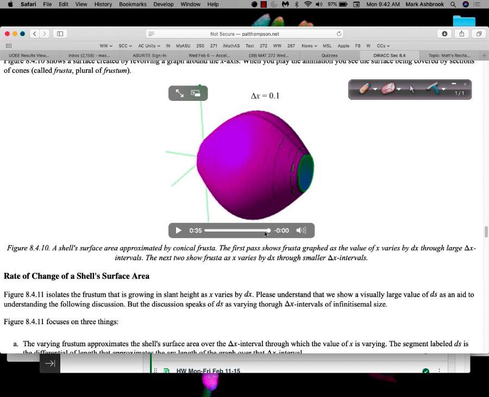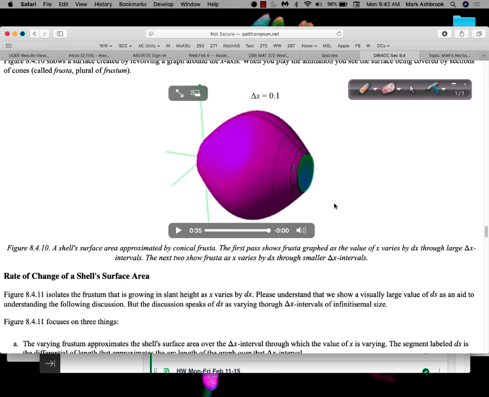Does that ring a bell? If we were taking those ribbons that were parallel, then it didn't give us the right surface area, even when delta x got small. So review the video to remember about that.